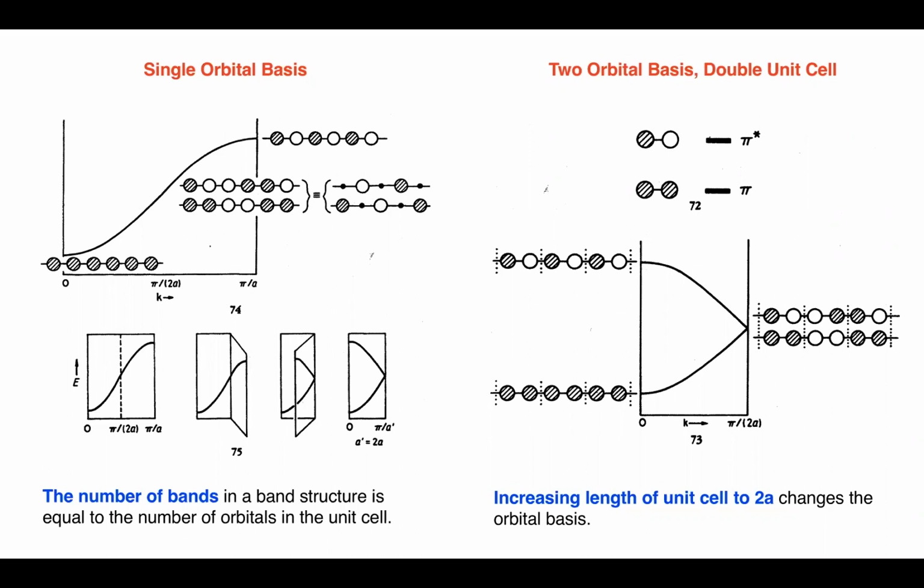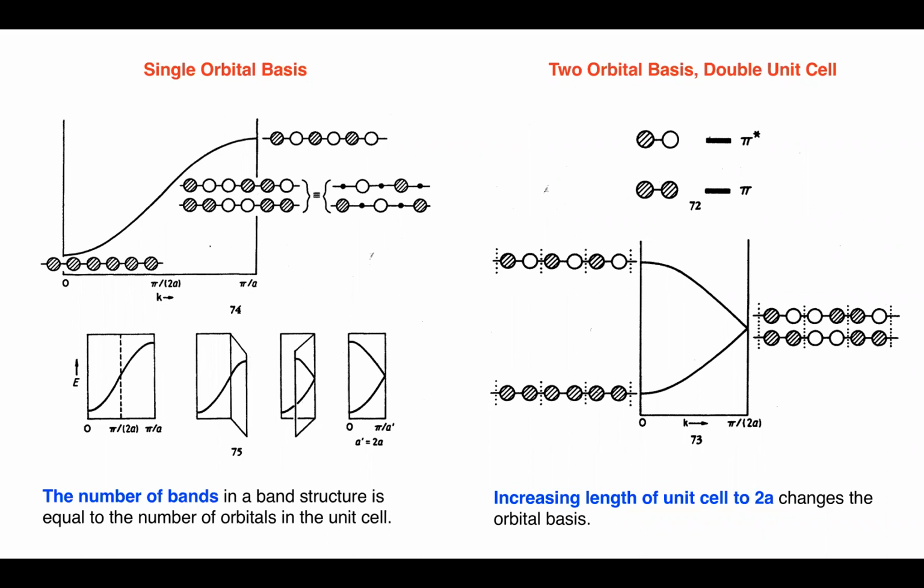Let's say we made a linear chain of pi bonds. The component functions could be the pi orbital and the pi star level. Now, if you consider how the pi star level changes at k equals 0, you're going to get a situation where the sign is the same, and it's all antibonding along that chain. The k at pi over 2a ends up looking something like this for these two.